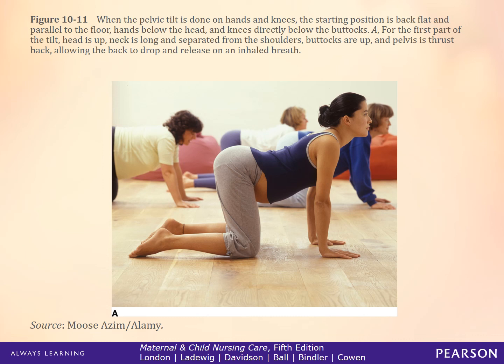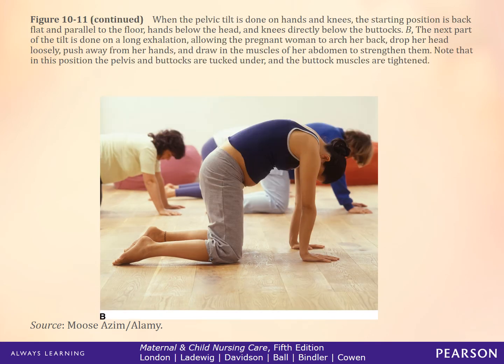And we learn these also in childbirth education that we practice. You call this looking like a cat, just pulling your back up and tilting your pelvis, and it reminds you of a cat.